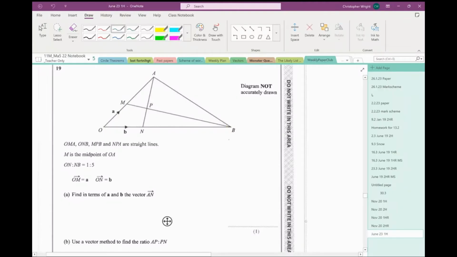So it's going to be worth noting now that OB is 6 times the vector B. It's also going to be worth realizing that because these are straight lines here, from B to P is a fraction of B to M, and in the same way, A to P is going to be a fraction of A to N.